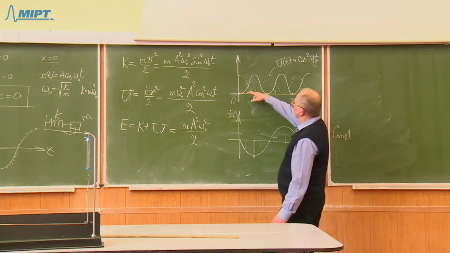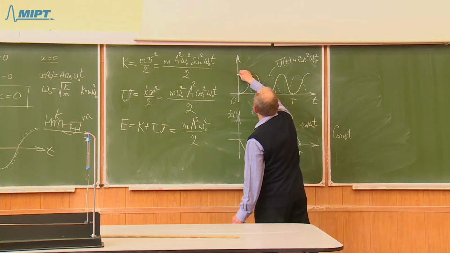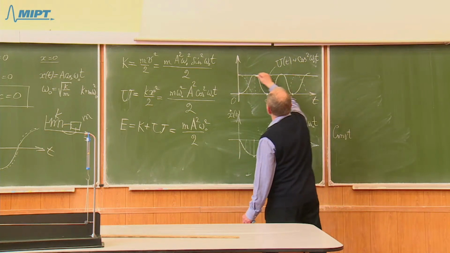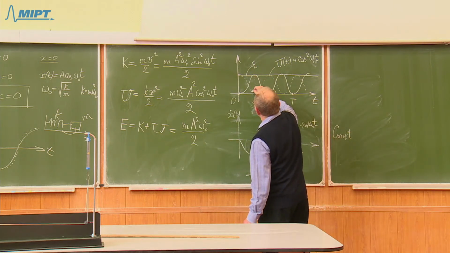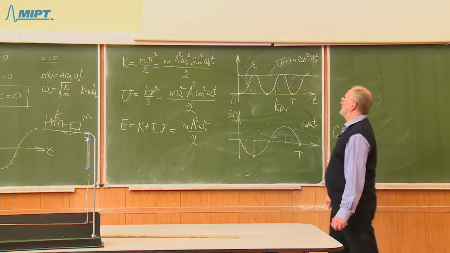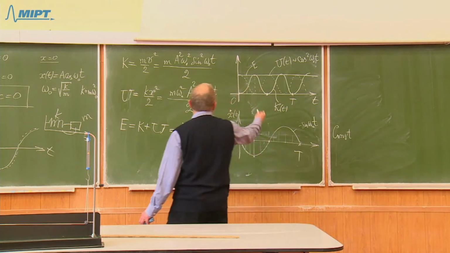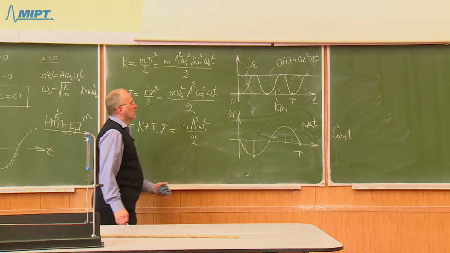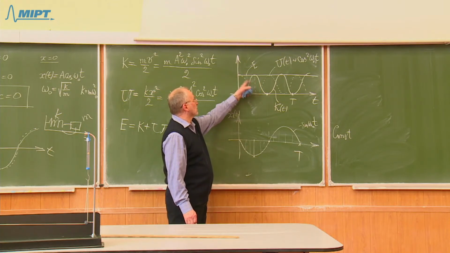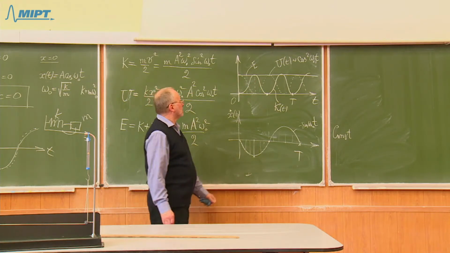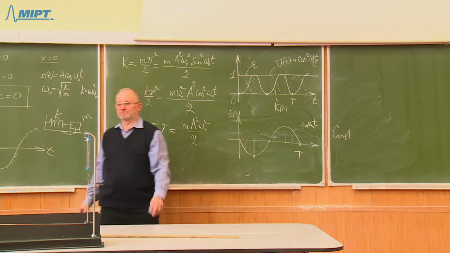So when you add sine and cosine at any moment of time, you will obtain the constant function, this constant function, which is the total energy, the sum of potential and kinetic energies. So in graphic representation, these formulas are very obvious and simple. This sine squared and cosine squared, if added, will give you a unity.